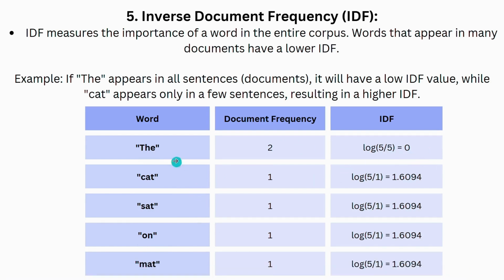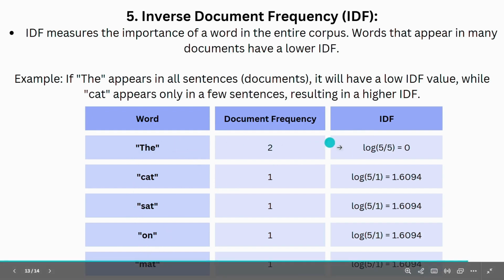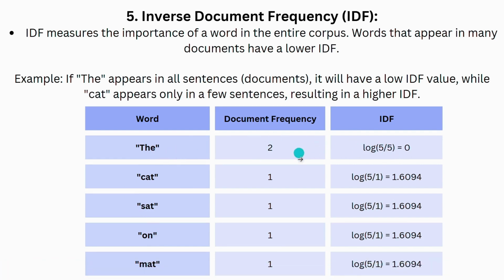So that we take log of 5 by 5 equal to 0. Next, if 'the' appears in all the sentences, it will have a low IDF value, while 'cat' appears only in a few sentences, so it has a high IDF value. Here we take the example as only one sentence: the cat sat on the mat. The word 'the' appears twice in the document frequency, so log of 5 by 5, it appears two times, so it gets a low IDF value.